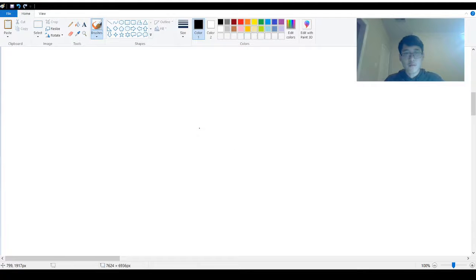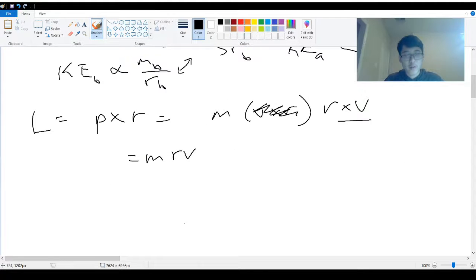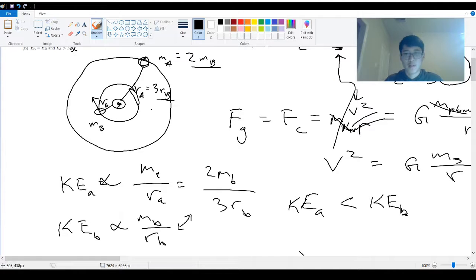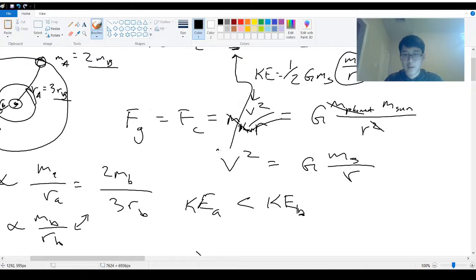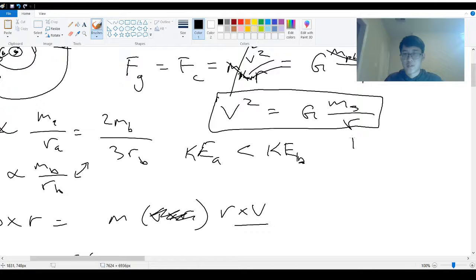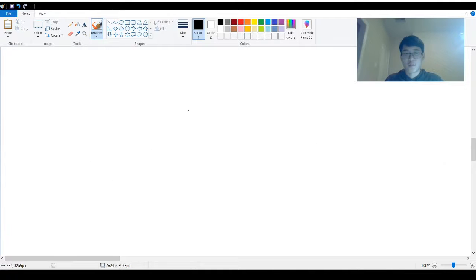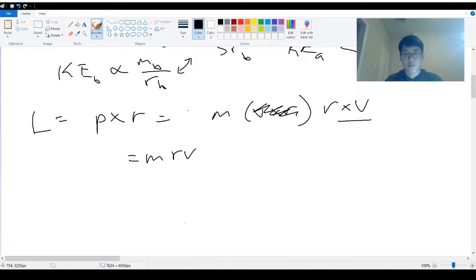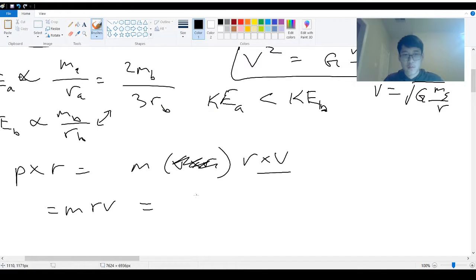So again, we know the mass of each planet, we know the radius of each planet, but we're not given the velocity of each planet, but we already calculated what the velocity is right here. So velocity is equal to the square root of G Ms over r. So let's plug that into the equation for the angular momentum. That's equal to m r times the square root of G Ms over r.